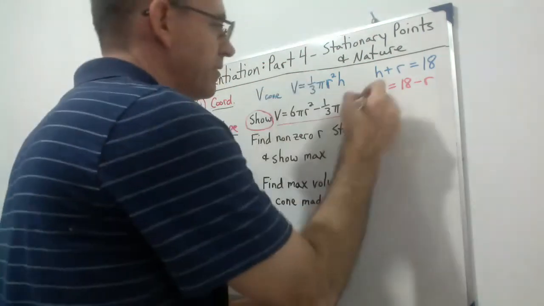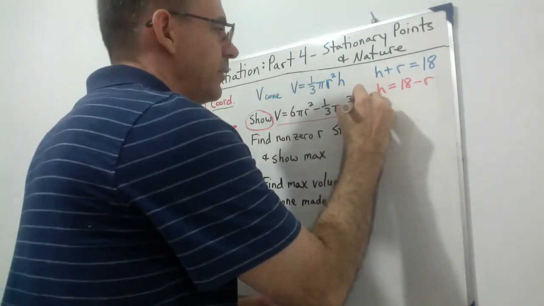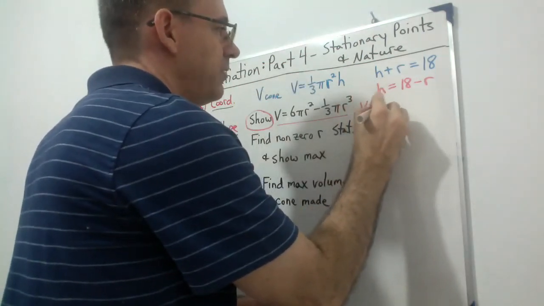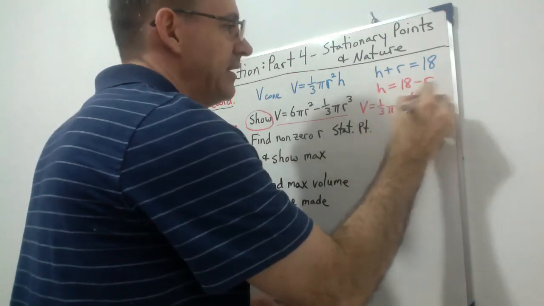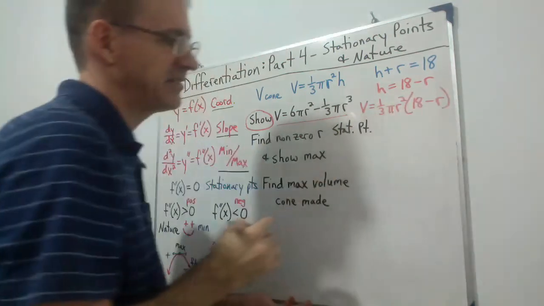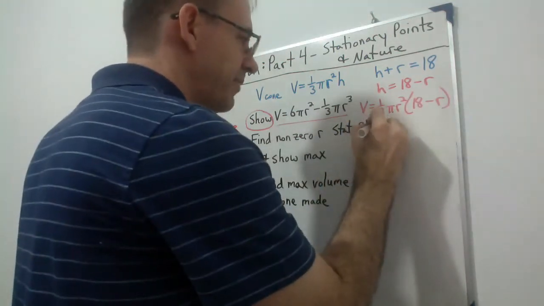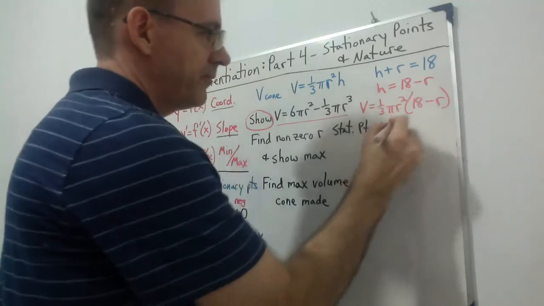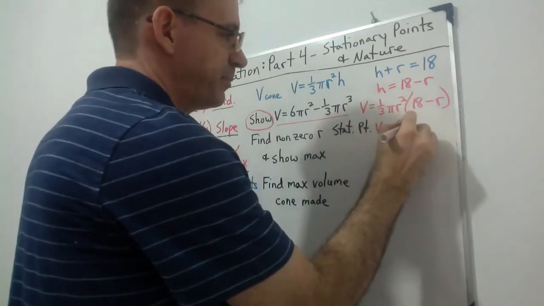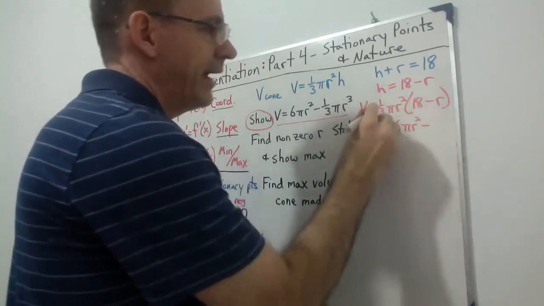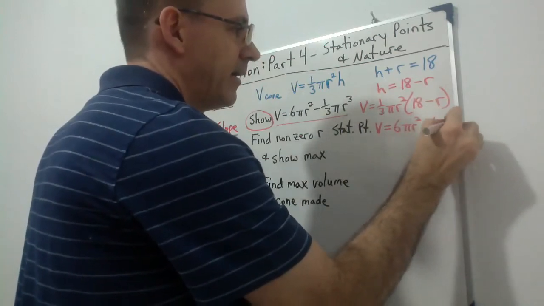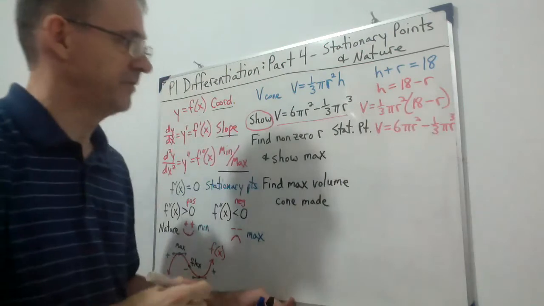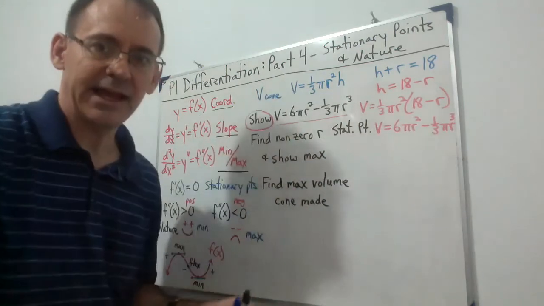When we plug that into our formula, we get v equals 1/3 pi r squared times the height, which is now 18 minus r. And when we solve that, 1/3 of 18 is 6, so that's 6 pi r squared minus, and then times the r, we get 1/3 pi r cubed, which is exactly what they have here.